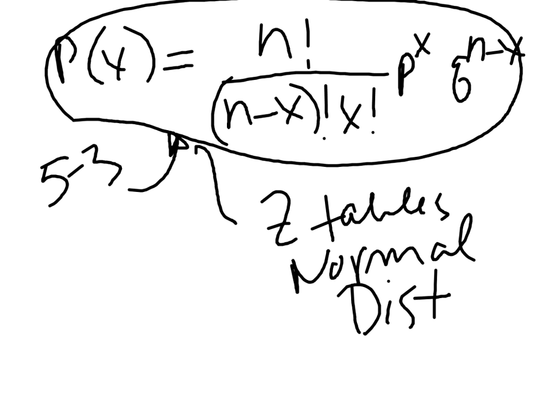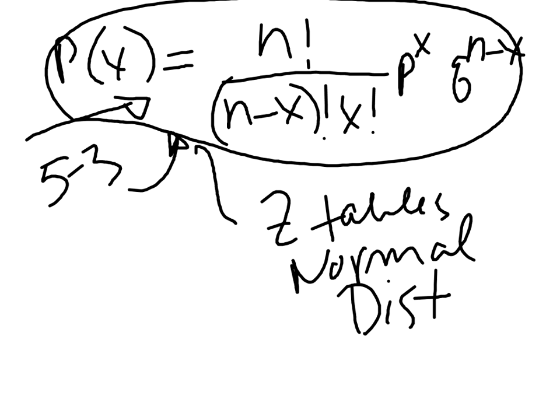Okay, so the idea is that we're going to use some of the formulas that we used in 5.3, but instead of using this formula, which I'm going to put an arrow on here, we're going to use our z-tables. And a little bit of review from 5.3: if we're going to use the binomial theorem, recall there must be a fixed number of trials.